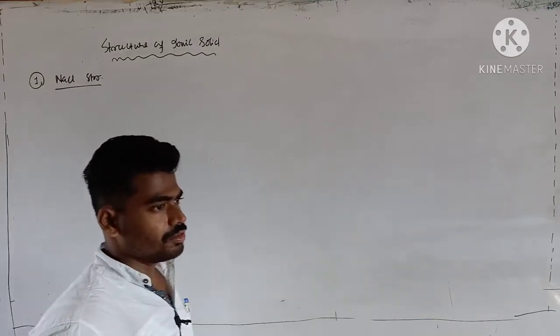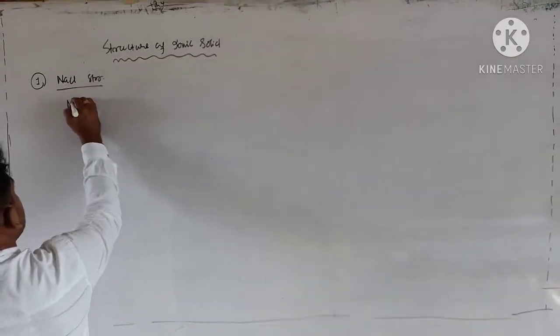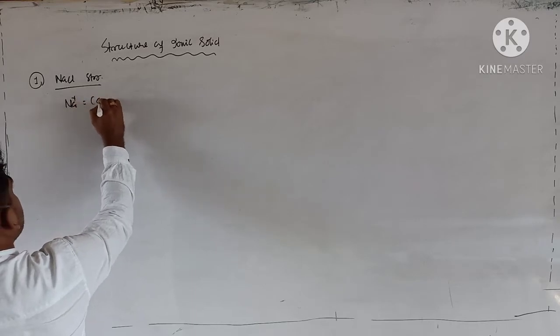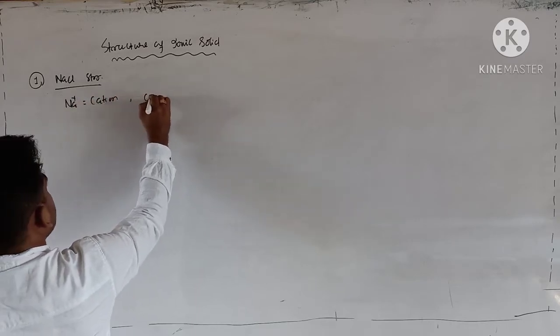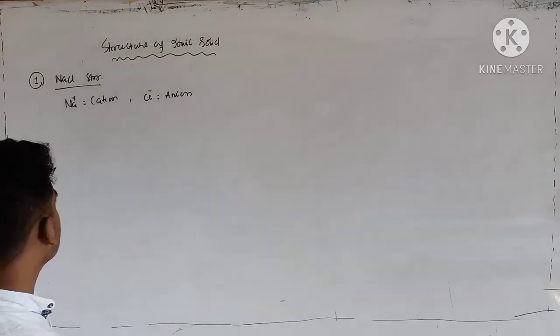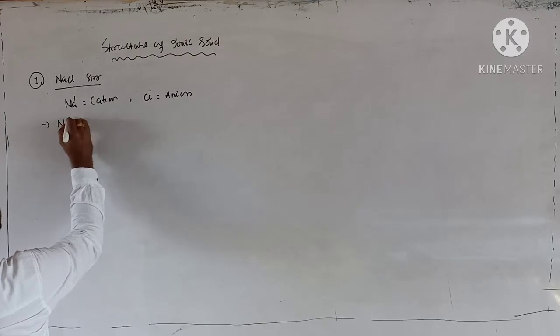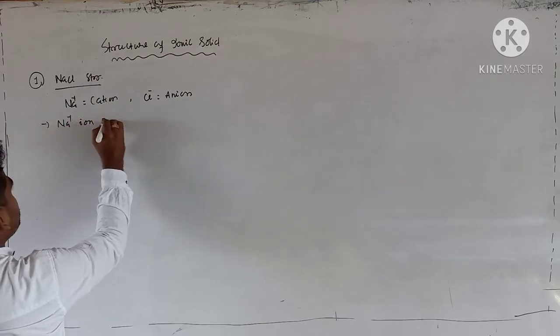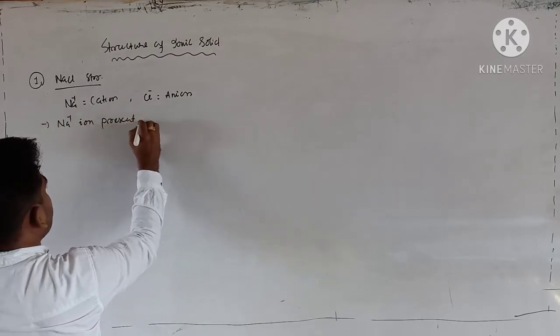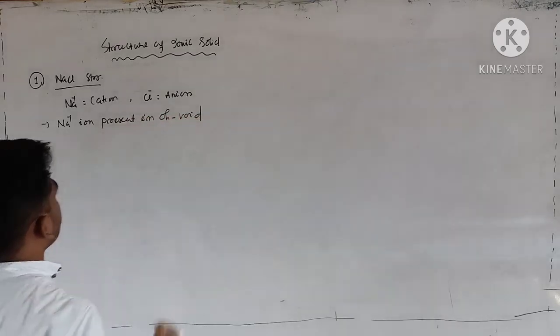From radius ratio, it has been observed that the cation is Na plus and Cl minus is the anion. As I have told you, the Na plus ion is present in the octahedral void.